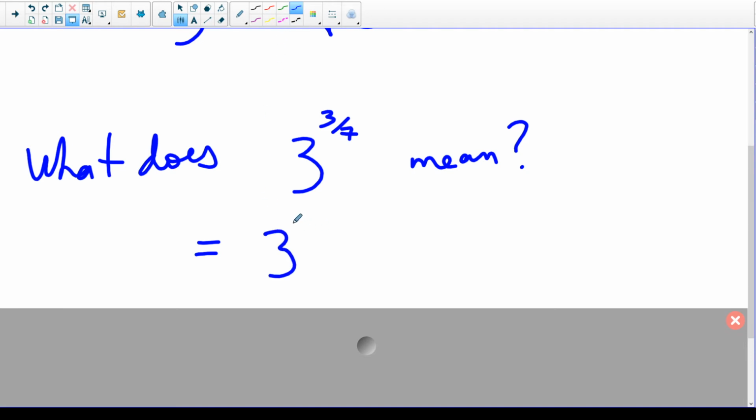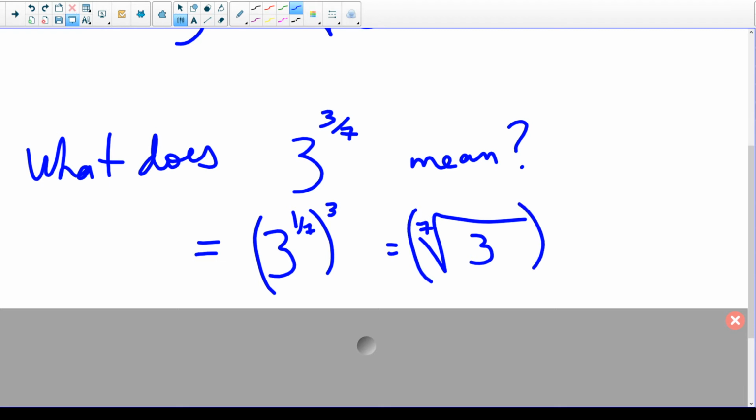I could write this as 3 to the power of 1/7, all cubed, because we know that the rule for an outer power and an inner power is to multiply. And when you multiply, it's top times top, bottom times bottom. So this is the exact same thing as this. Well, if I write the 3 to the 1/7 now as a radical, the type of root is the 7, and then I have my outer power of 3.